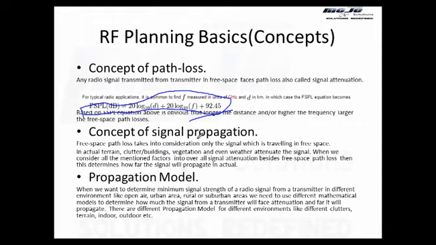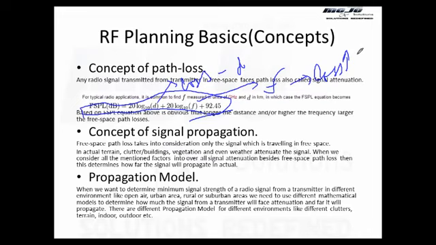I will just explain two things. You can see in this equation, if the distance is higher, your loss will be higher. And if your frequency is higher, your free space path loss will be higher. So remember those things.